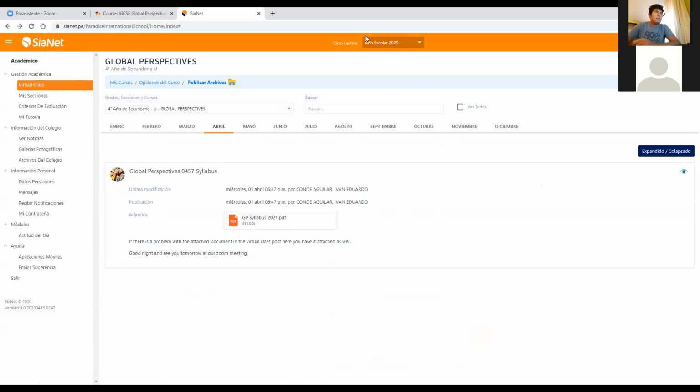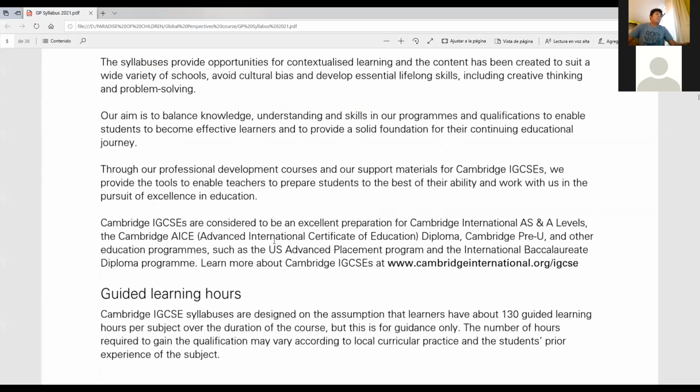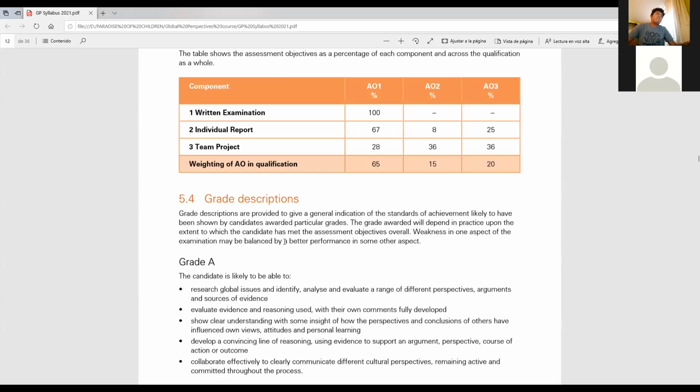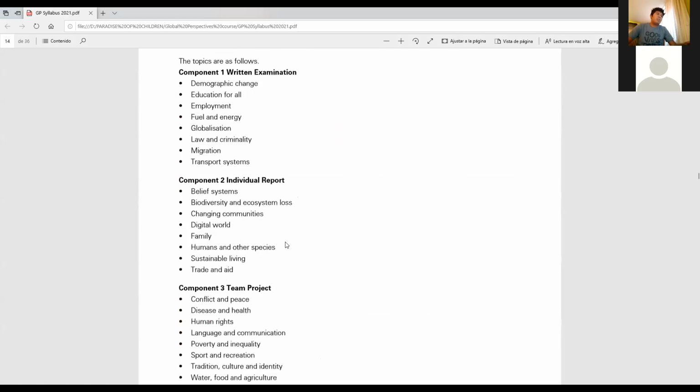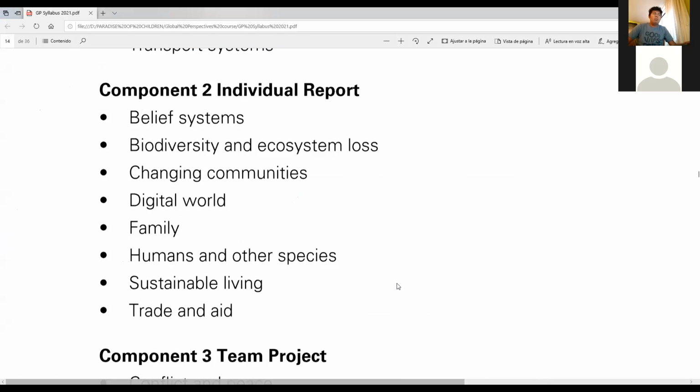There is the syllabus, okay? So we go to the topics part. Here are the topics. The individual report has 8 topics. The 3 components, each of those components have 3 topics.